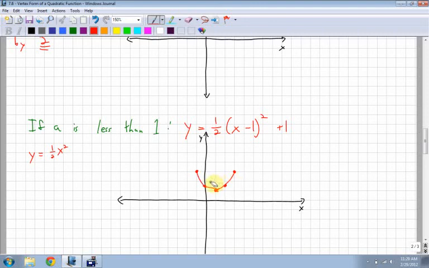So this time what's happened to my graph? Well, it's actually been squished vertically by 1/2. So notice what happens with the a value.